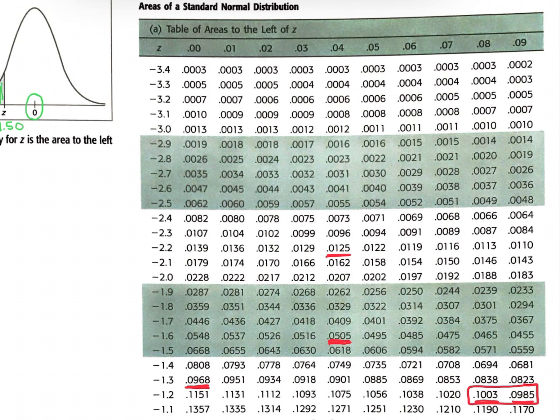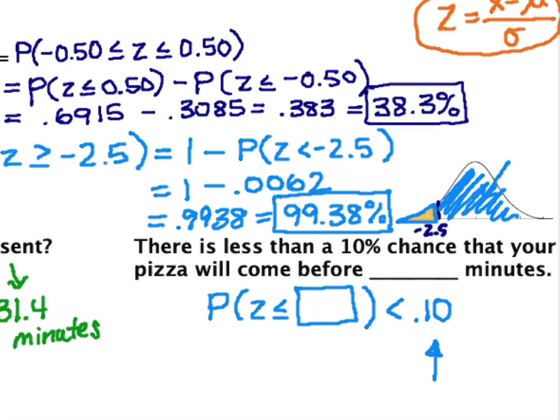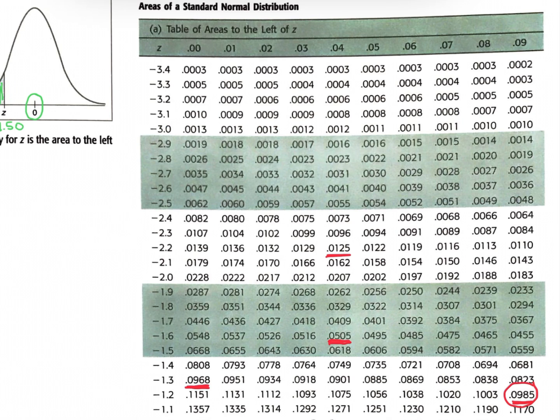If I were looking for 10%, this one's just a little high and that one's just a little low. But remember, I am looking for something that is less than 10%. So I think we're going to go with that 0.0985. And what z-score does that correspond to? We're at negative 1.29. Negative 1.29 corresponds to that probability.